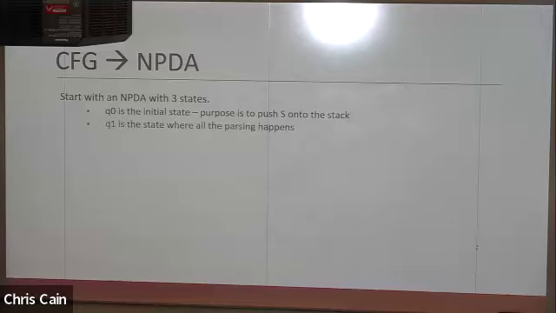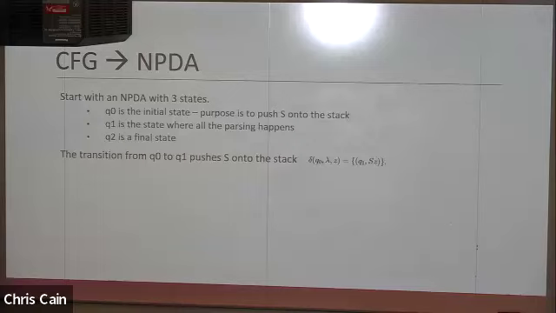Q1 will be all of the parsing, and Q2 is just a final state that we get to on an empty stack. When we can remove the start non-terminal, when we've evaluated the start non-terminal into its components and have removed it to the point where there's nothing left on the stack. So Q0 to Q1 pushes the start non-terminal on the stack. There's our transition to do so. So now, instead of having A's and B's like we have before, our stack alphabet is just the non-terminals in the grammar.